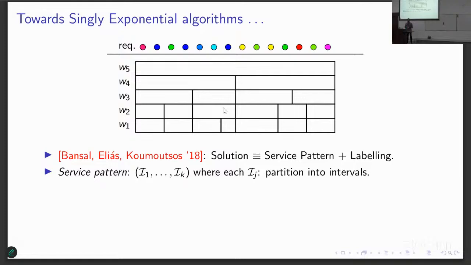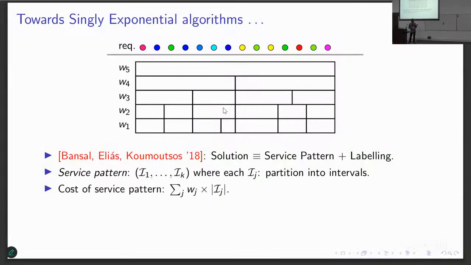Since we are dealing with uniform metrics, the cost of the service pattern is essentially Wi times the number of intervals, because the distance between any two points is 1. This is still not a solution to the problem, because you have to specify where each server is moving. That's what the labeling does.